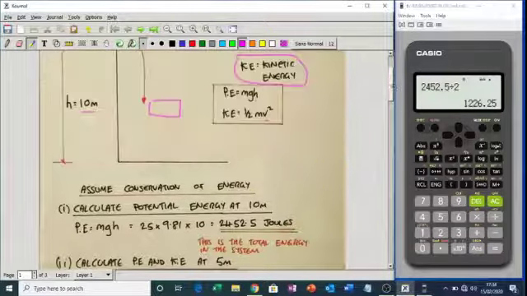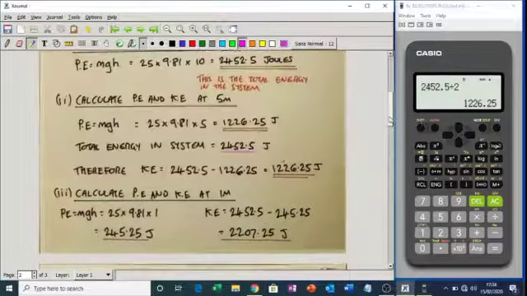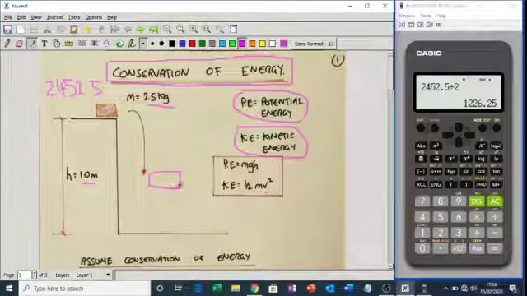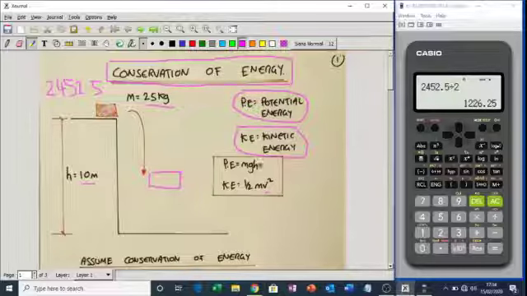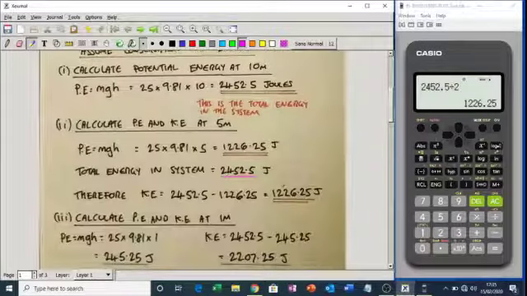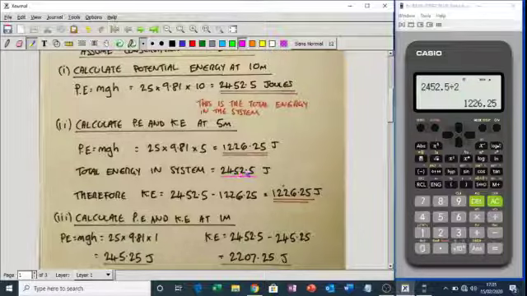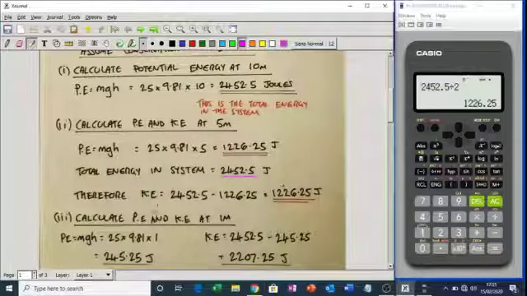And now it's moving. So here it's halfway down, so it's got a PE and a KE. The potential energy there is 1226. The difference between that number and the total will be the kinetic energy. So the total energy 2452.5, we know PE at 5 meters is that, so the difference is going to be the kinetic energy.